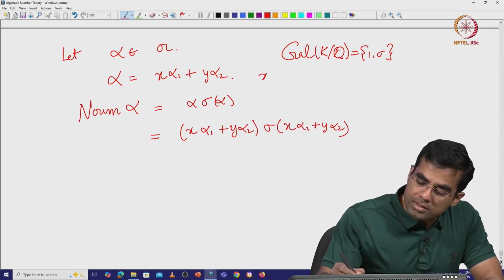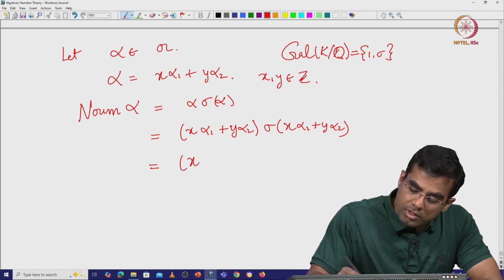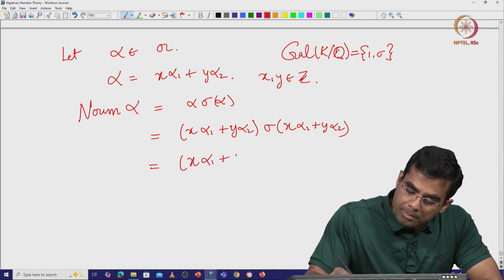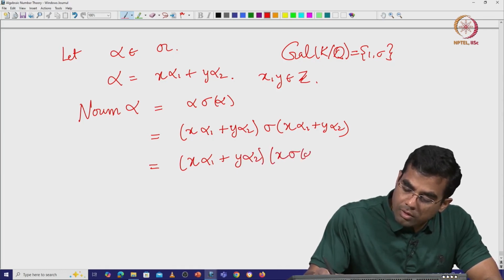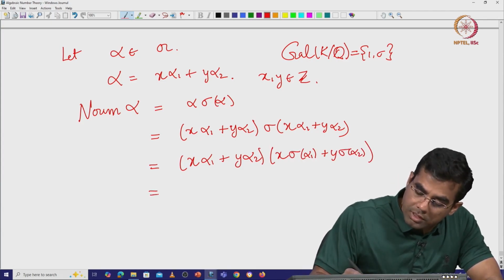Where are these x and y? They live inside Z, so sigma fixes x and y, does not do anything to x and y, and it acts on alpha 1 and on alpha 2. So, I am just doing the usual manipulation.